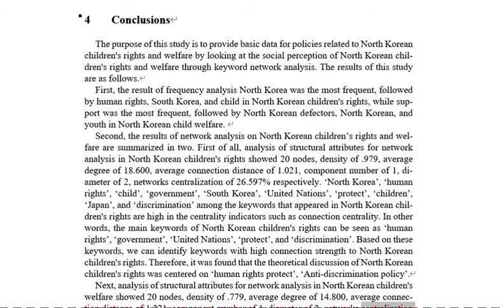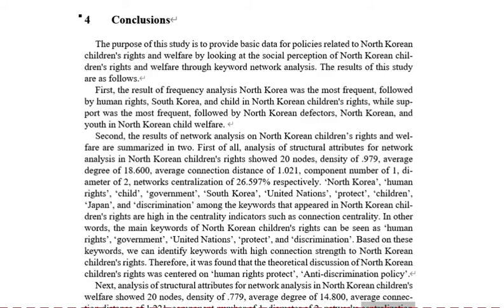First of all, analysis of structural attributes for North Korean children's rights showed 20 nodes, density of 0.979, average degree of 18.600, average connection distance of 1.021, component number of 1, diameter of 2, and network centralization of 26.597%, respectively.